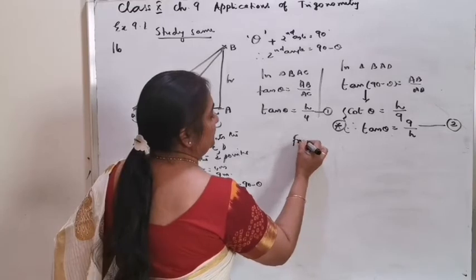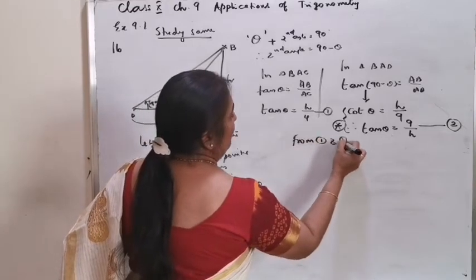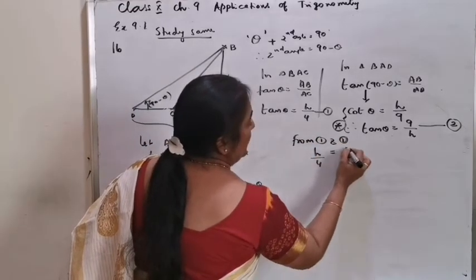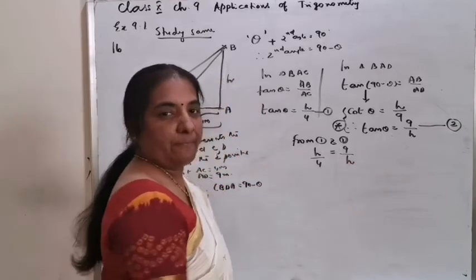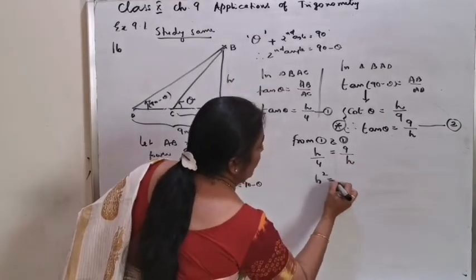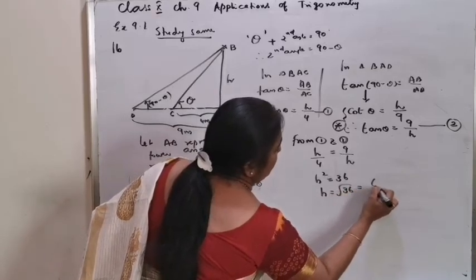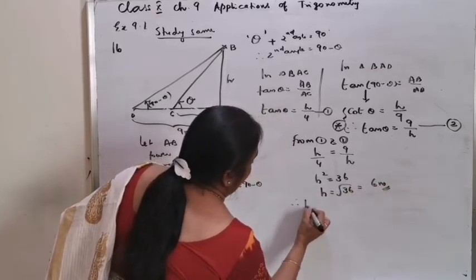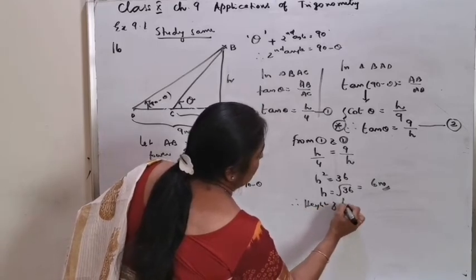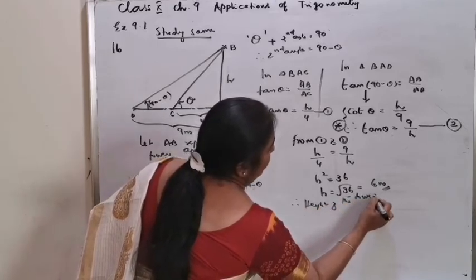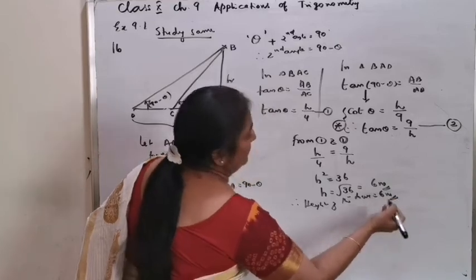From 1 and 2, H by 4 is equal to 9 by H. By cross multiplication, H square is equal to 36. H is equal to root 36, which is equal to 6 meter. Therefore, the height of the tower is 6 meters.